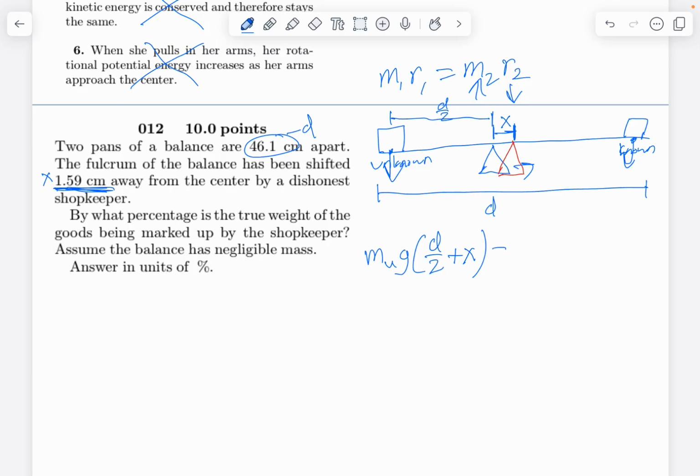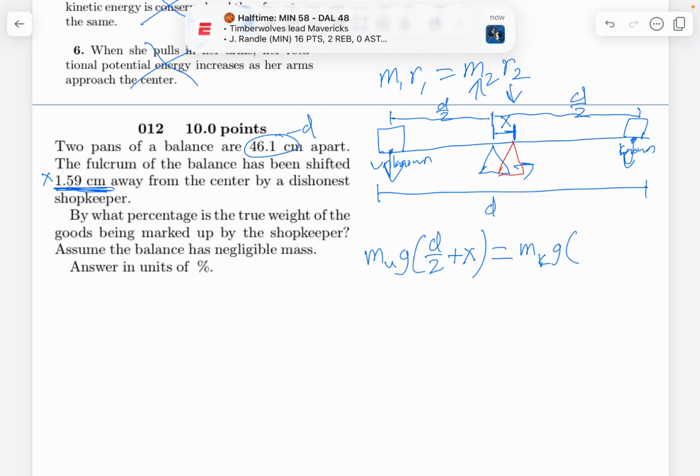And then the torque on the other side is the mass of the known. I'll call that M_K, times little g, its weight, multiplied by its distance away. If the whole thing is d over 2, and I shifted over x, now it's d over 2 minus x, right? It's that distance closer to the fulcrum.